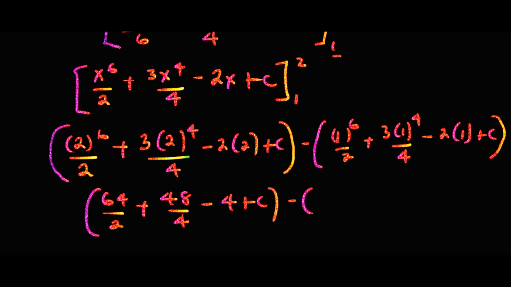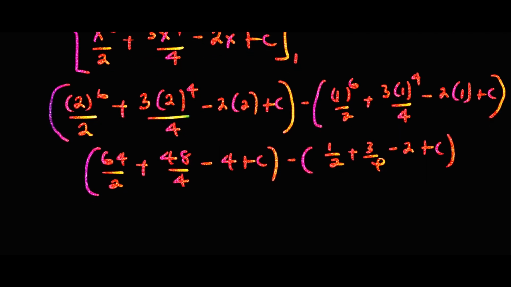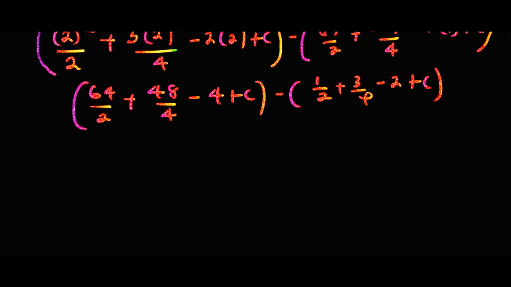Then you subtract 1 over 2 plus 3 over 4 minus 2, then plus c. So if we simplify both of these, you're going to find that the first one is going to be 40 plus c, minus this side will be negative 3/4 plus c.